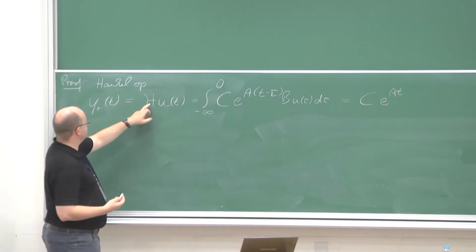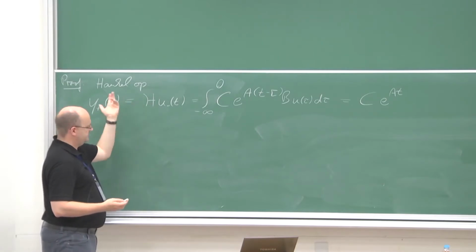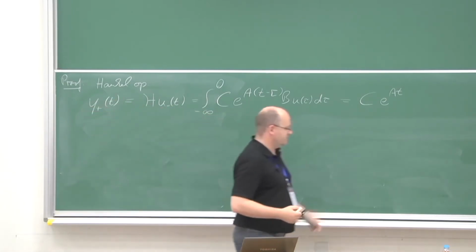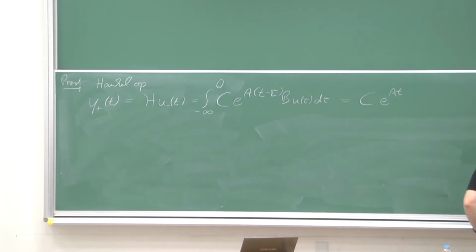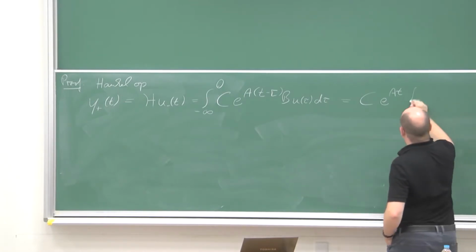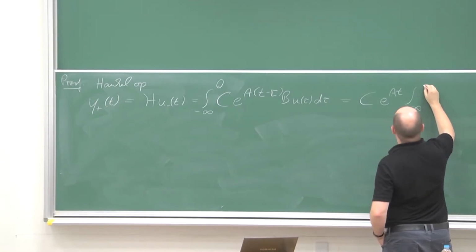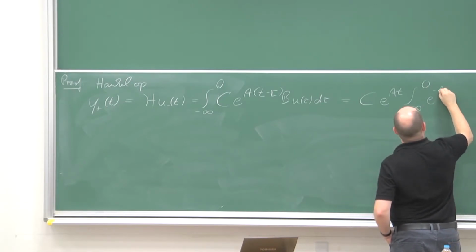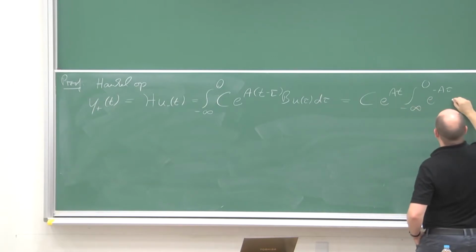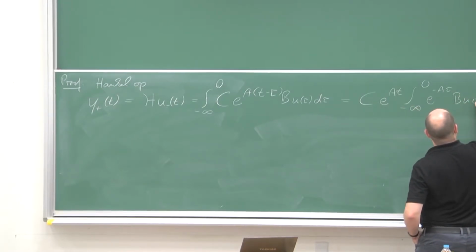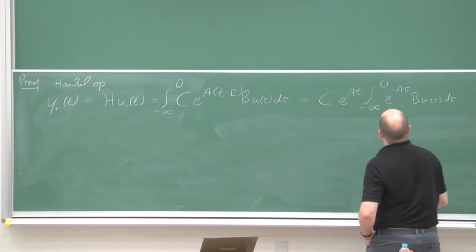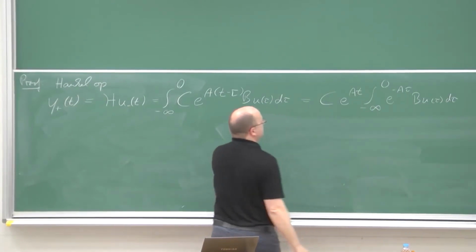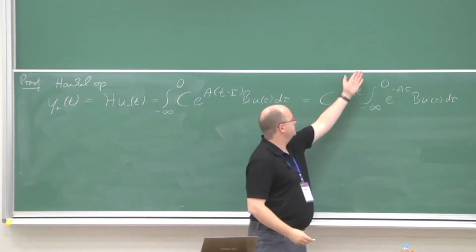What we want to show is that the singular values of H are the singular values of P times Q. The integral from minus infinity to 0 of e to the minus A tau B u of tau d tau. Okay, so that's a constant.